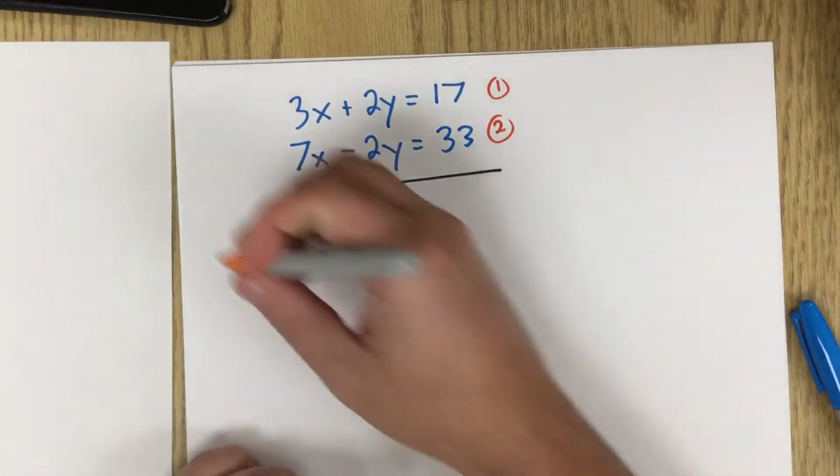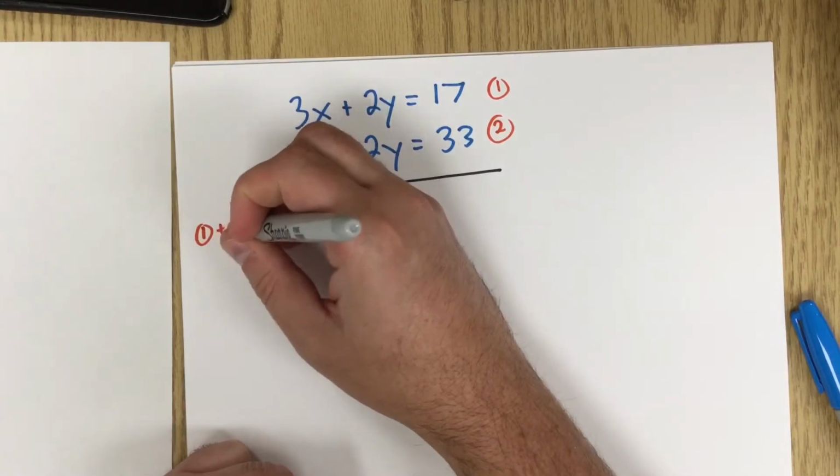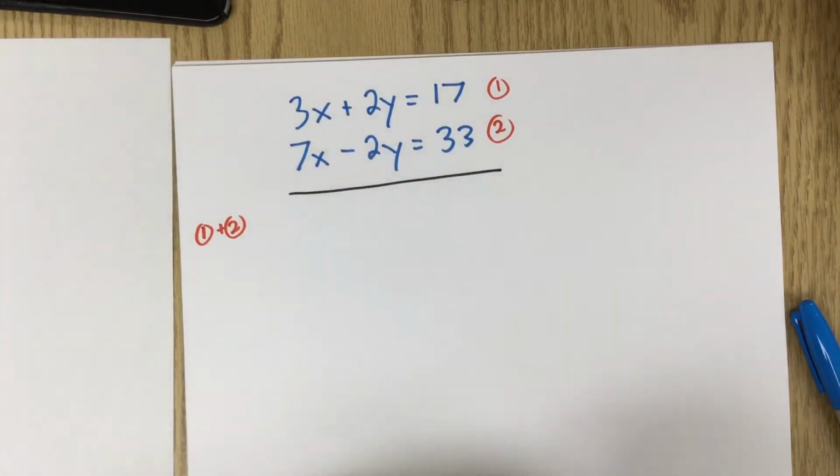So what we're going to do is this line is going to be 1 plus 2. We're actually going to add the equations and we're going to see what happens.